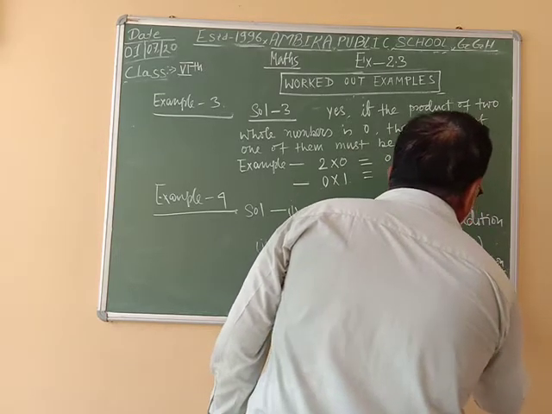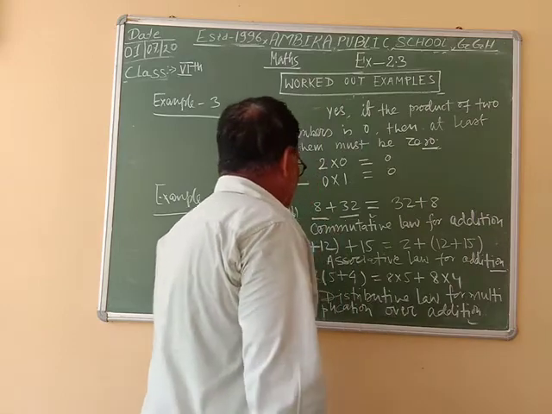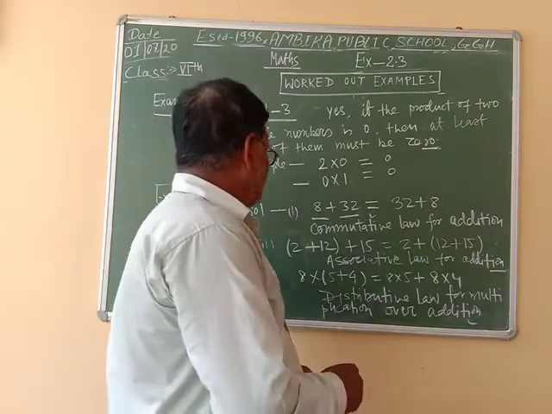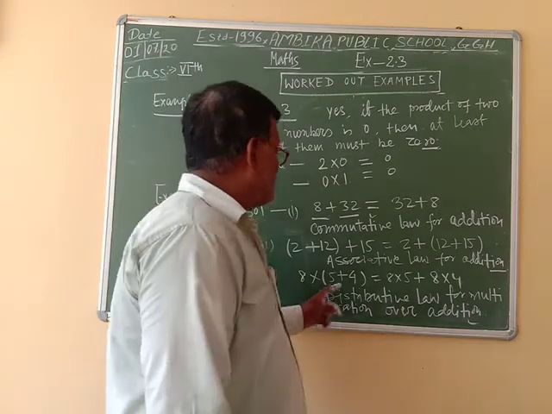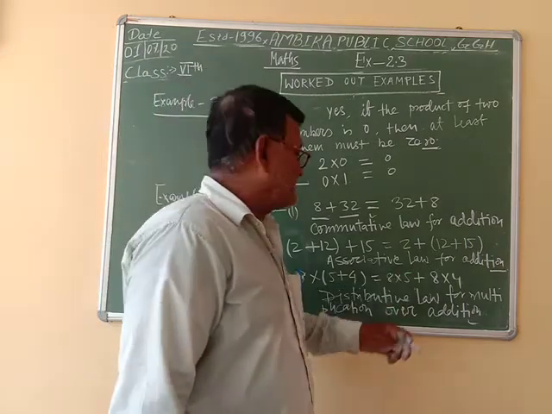You have learned before that if A, B, C are three whole numbers, then A into (B plus C) equals AB plus AC.